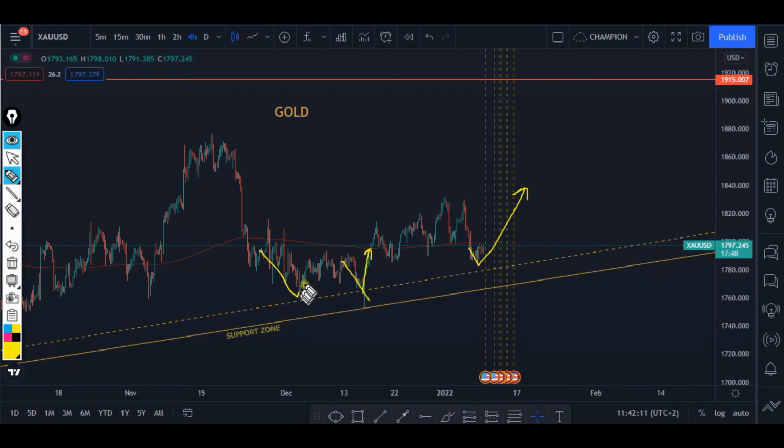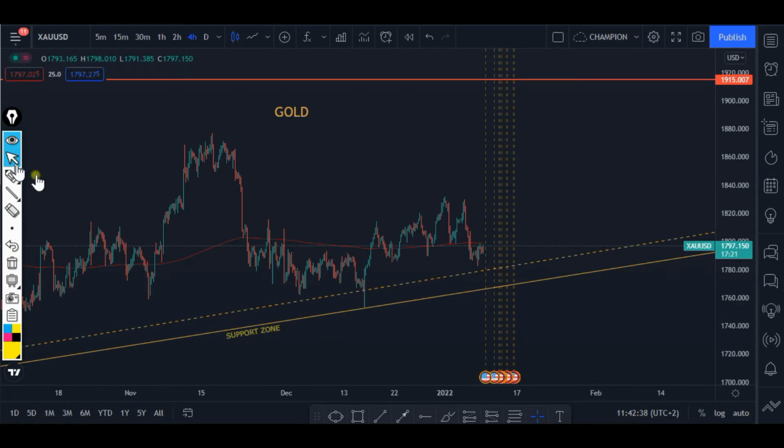So you can see that this has been happening. The market has been respecting this area right here, which is our support zone. Do you guys see this area here? Even the previous one, I guess you can see this area right here.